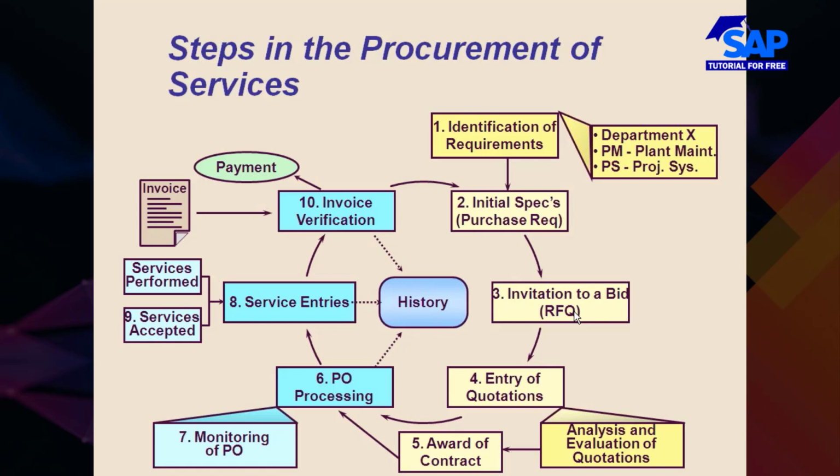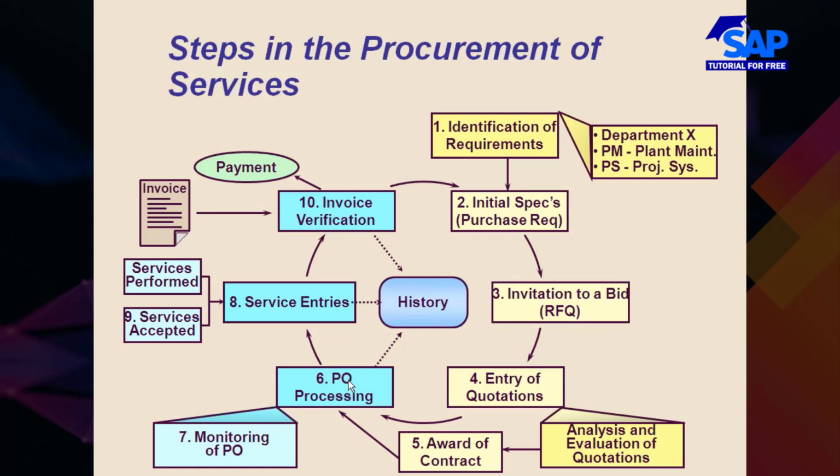You analyze the bids and finally identify an L1 bidder to whom you award the contract. Once the contract is awarded, you raise a PO for the required service to be performed. That is what we call a service order.